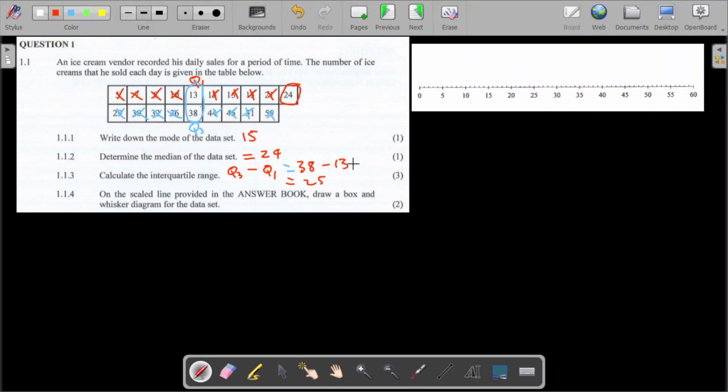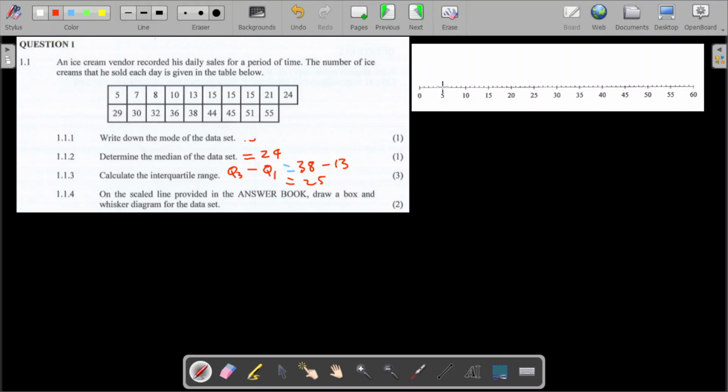Now let's go and draw our box and whisker. Remember, in order to draw a box and whisker, you need your five-number summary: your minimum, your Q1, your median, your Q3, and your maximum. Starting from the minimum, based on our numbers here, our minimum is 5.